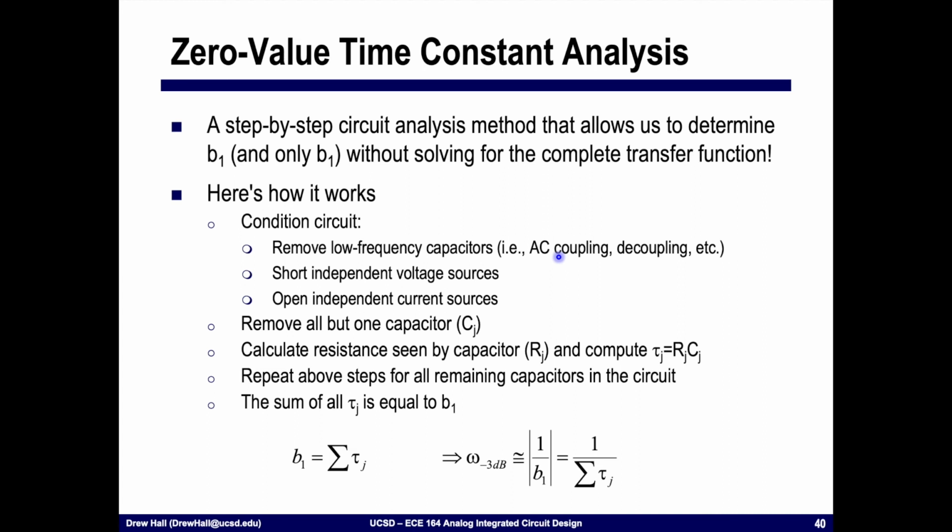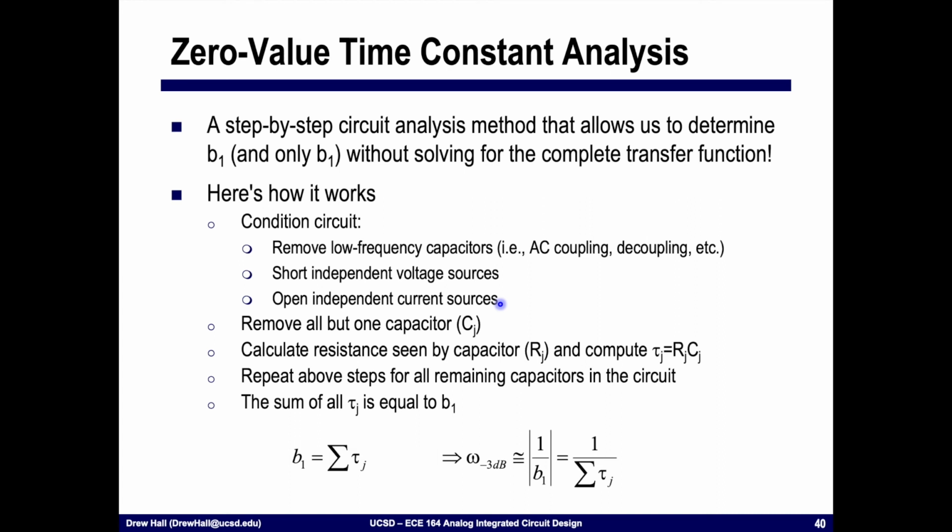Okay? Then we're going to short independent voltage sources and open independent current sources. So this is the same methodology that we use anytime we're doing small signal analysis. Okay? And it's important to remember, poles and zeros are a small signal construct. There is no such notion as a large signal pole or zero.